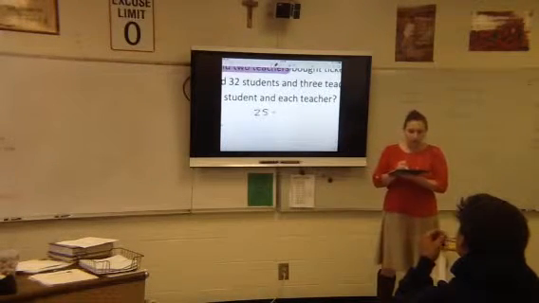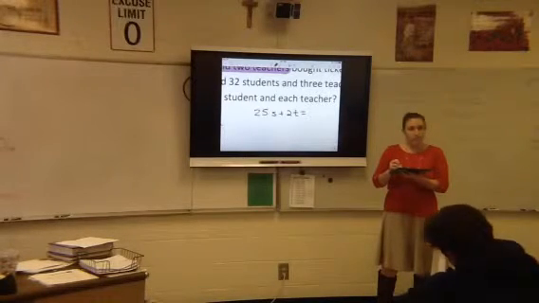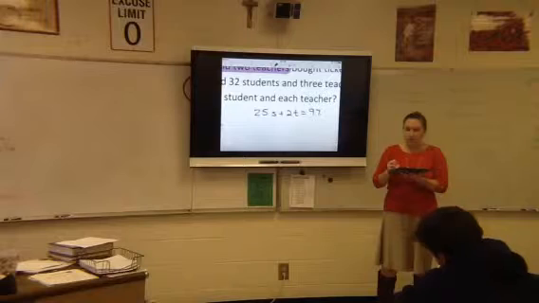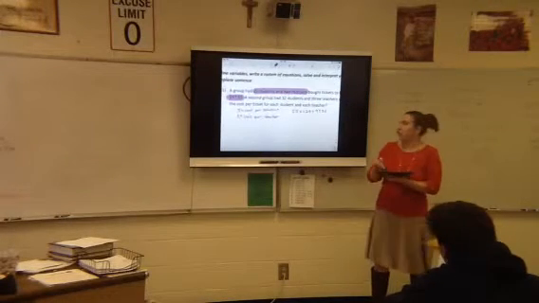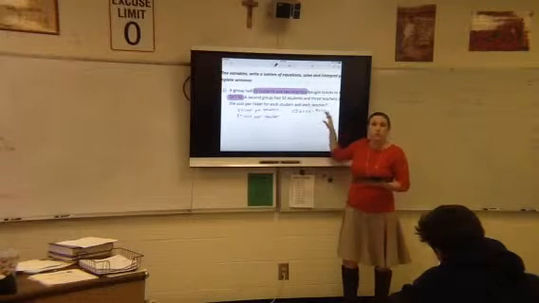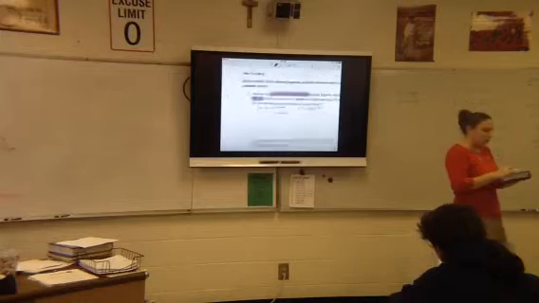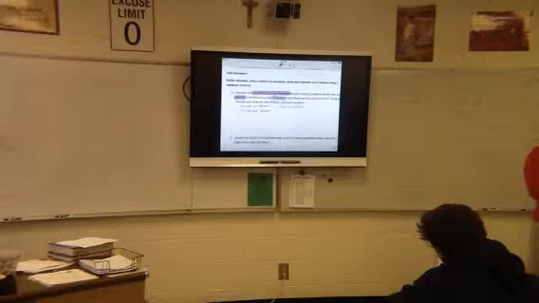Good, 25S plus 2T, and how many is that going to equal? 97.50. Guys, you're literally just writing down what you've got: 25 students, so 25S, 2 teachers, 97.50.